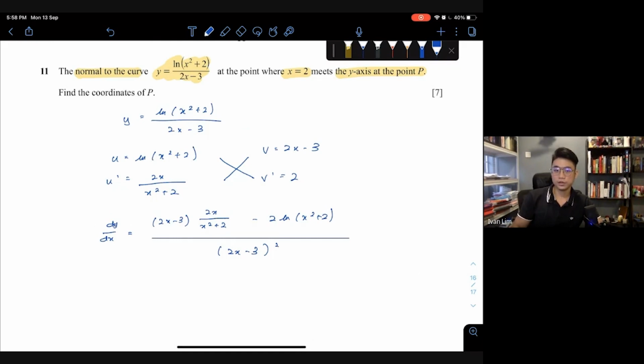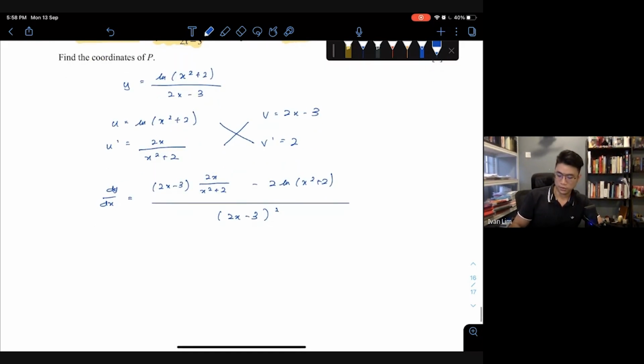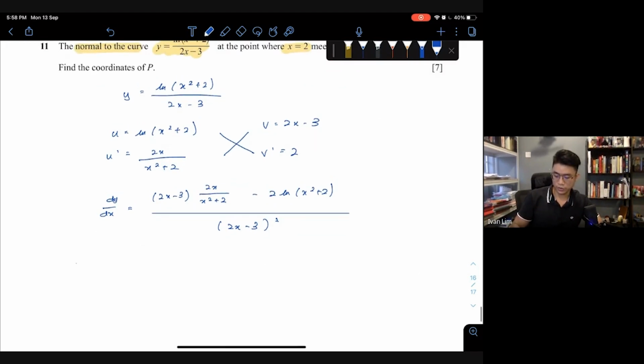Okay, do until here already, 3 marks. Then we want to substitute x equals 2. So when x equals 2, dy over dx equals negative 2.92.